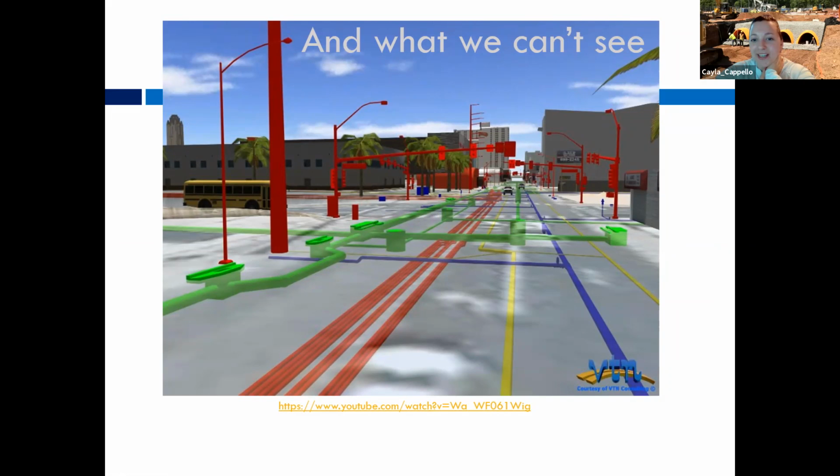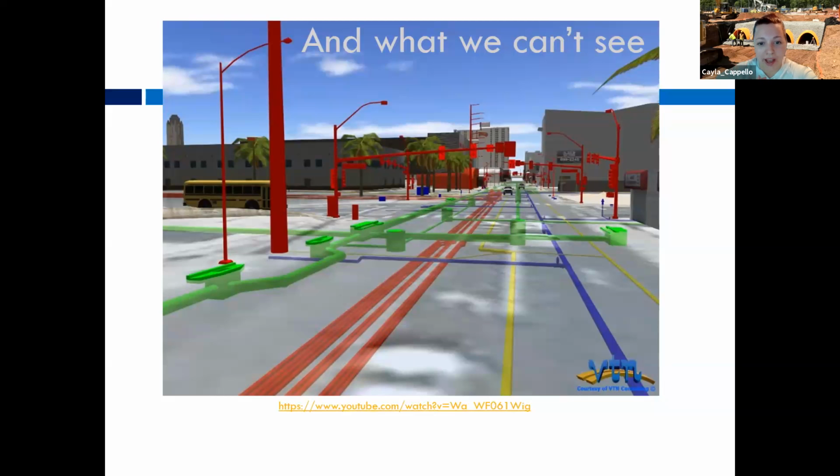All of these utilities are more or less routed through the city, primarily using roadways as a major corridor to get them to the end users. From there, they can branch off to service any individual building. You can see all of these colored lines are the different utilities going on underground. That green pipe is the storm sewer.